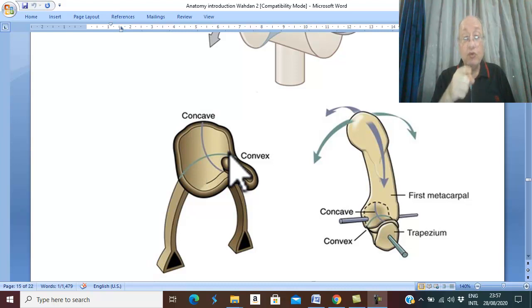Again, when you ride, you are concave from side to side and convex from anteroposterior.